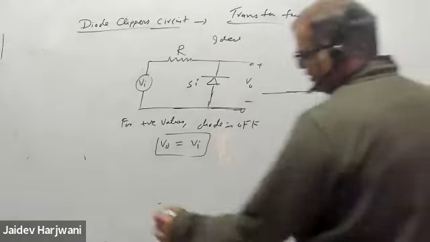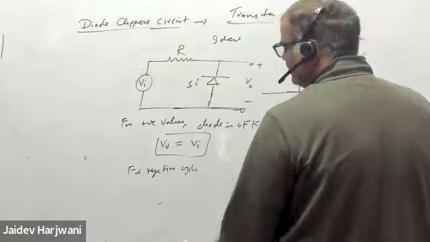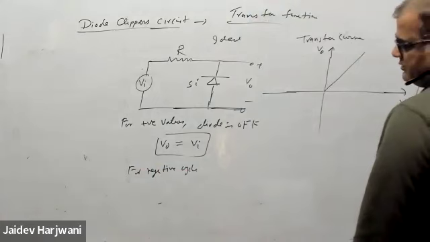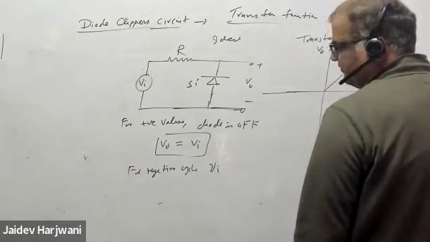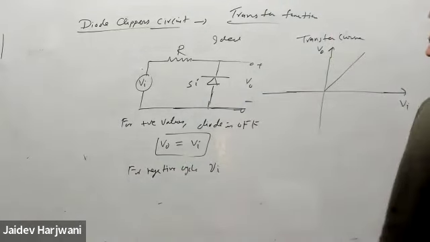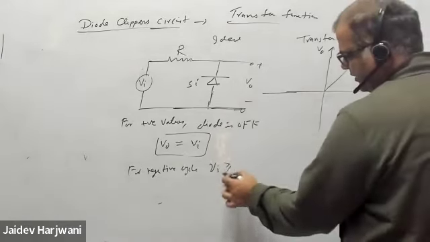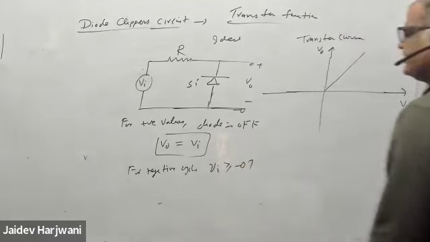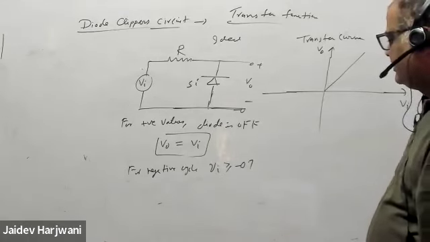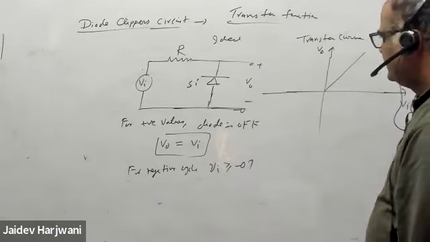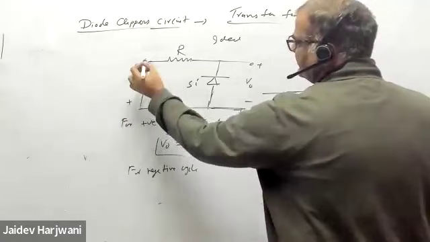And for the negative cycle, if V input is greater than minus 0.7, what happens? In the negative cycle, this becomes positive and this becomes negative.